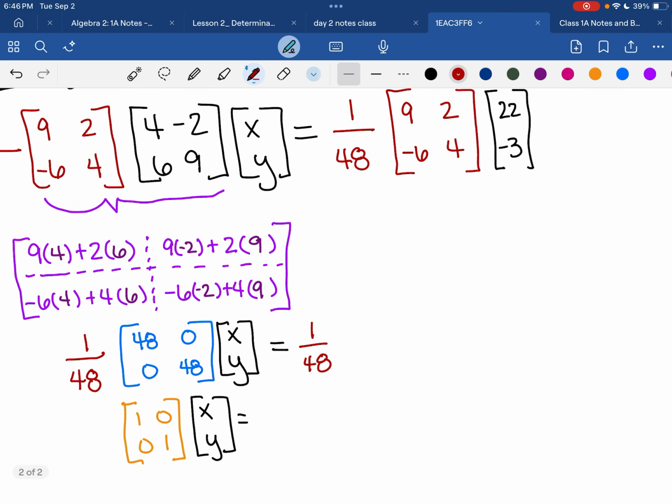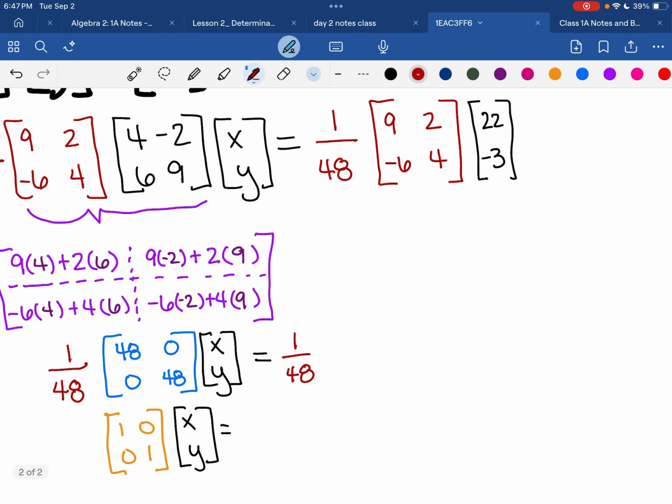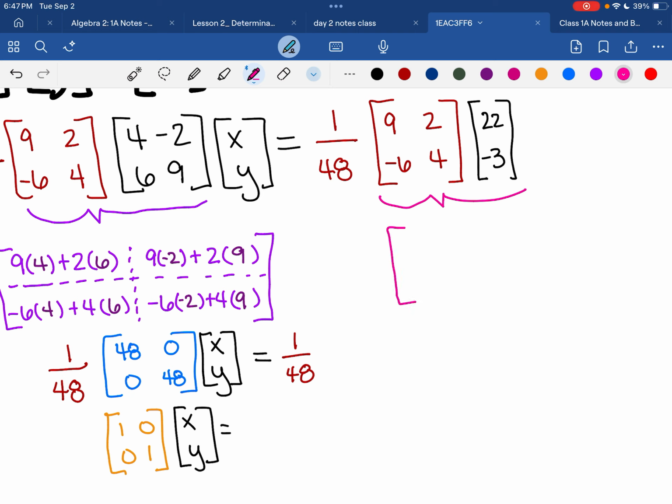And then I'm going to multiply this matrix. So I'm going to use these two matrices and do the same multiplication. I have a 2 by 2 times a 2 by 1, so I'm just going to do one column, which means I'm just going to have this one value here. Row 1 is going to be my 9 times something plus 2 times something.